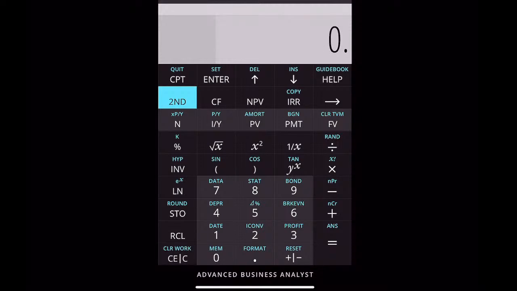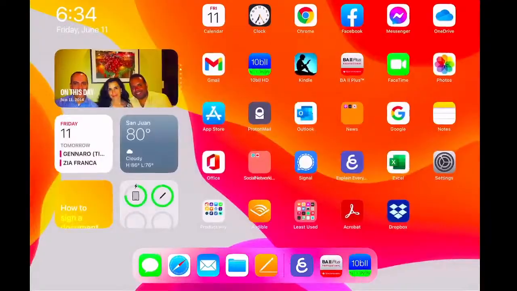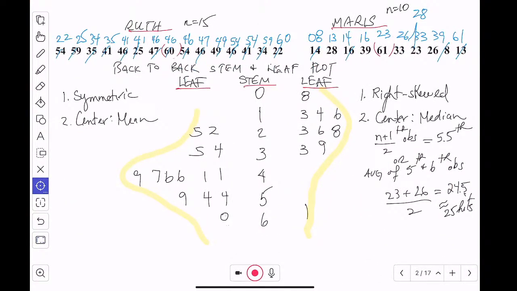So to start, you hit second and data. That's for this calculator. For other calculators, you might just be able to go right away and start entering with your M+ key. Depends on the calculator you have.